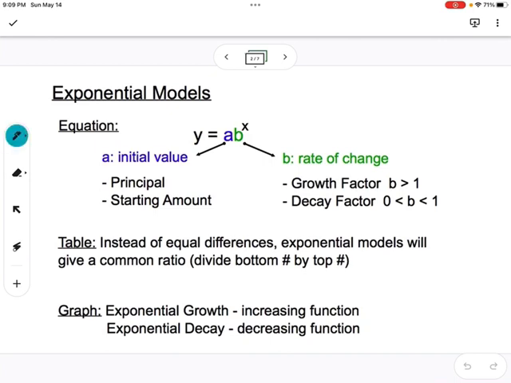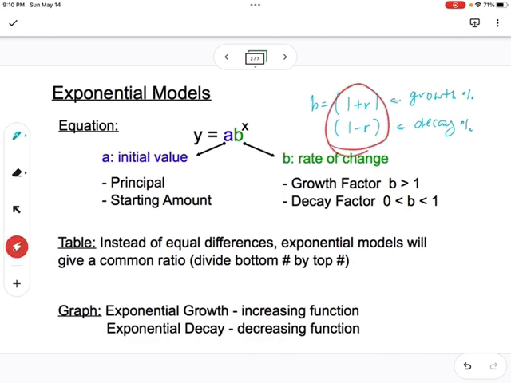So our b can look like, if we are going up or down by a percent, our b can actually equal 1 plus r or 1 minus r. Okay, so this is a growth percent or a decay percent. If we're talking about doubling, b would just be 2. If we were talking about half-life, b would be a half, and so on. It's when you have the percents that you can put it into this form here.